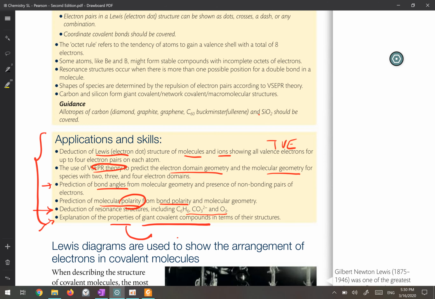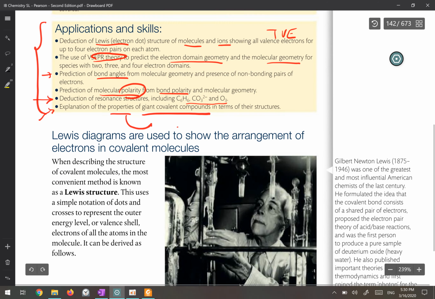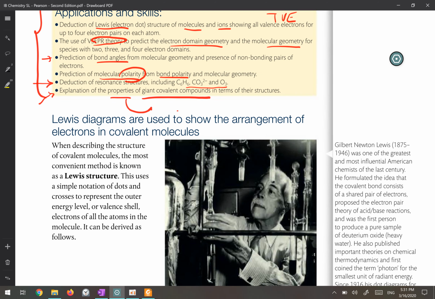So let's talk about the Lewis structures. You are familiar with them. The Lewis structure shows the electrons on the valence layer of the atoms in the molecule, and how they share the electrons, how the electrons are distributed between the atoms, whether they form a single bond, double bond, and so on.